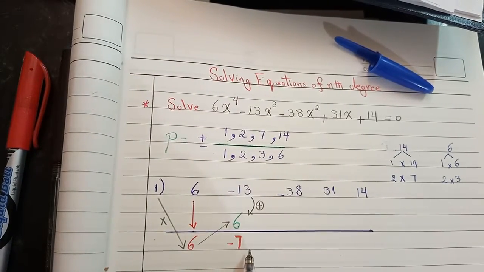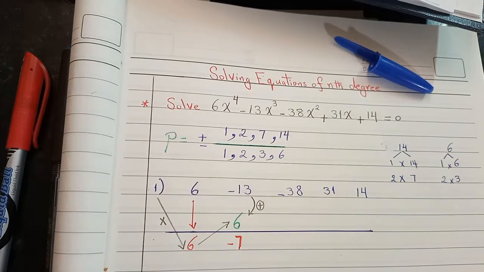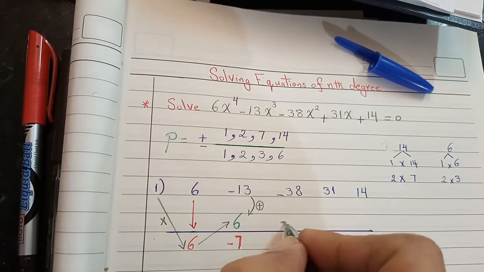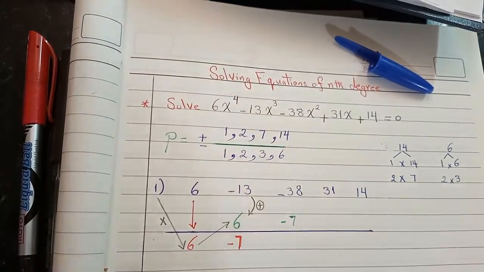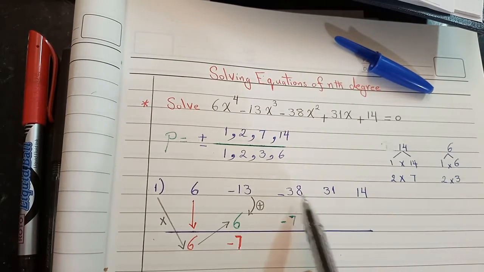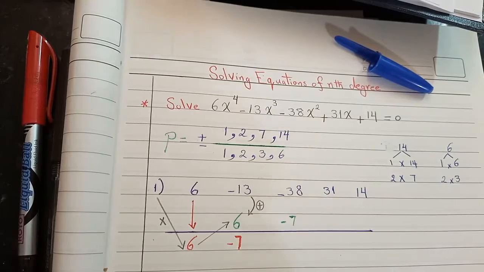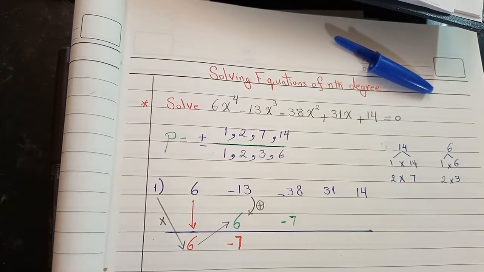So 1 times negative 7 is negative 7. So we write the answer of multiplication here. Then we add again, up plus down: negative 38 plus negative 7 is negative 45. So we write negative 45.